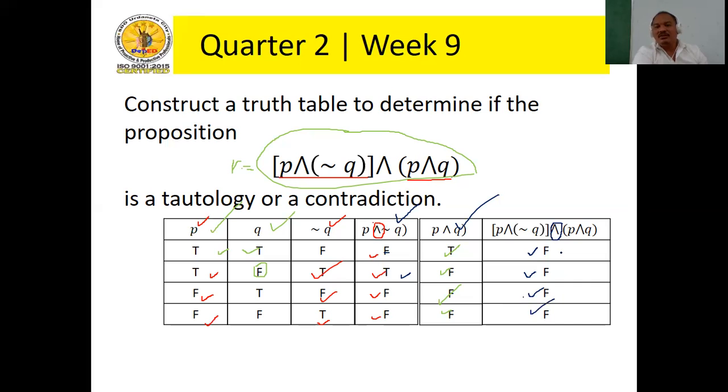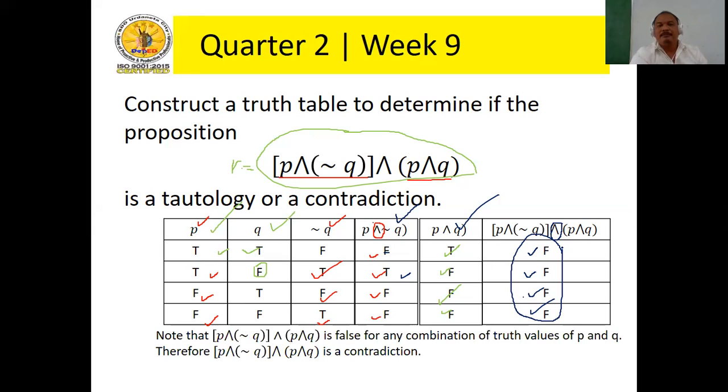So this operation resulted in all values being false. Therefore, it is false for any combination of truth values of P and Q. Therefore, the given compound proposition is an example of a contradiction.